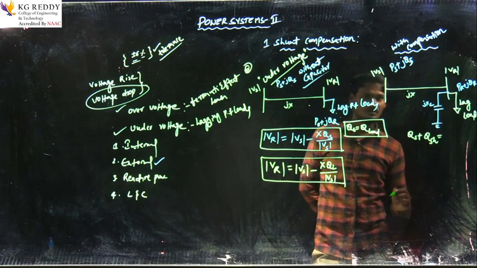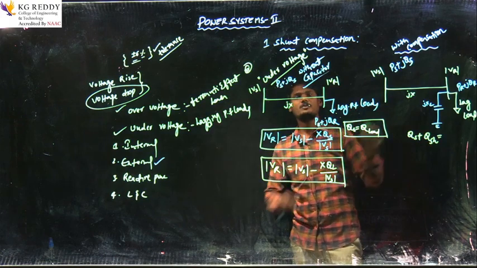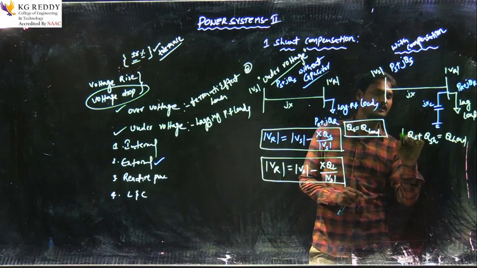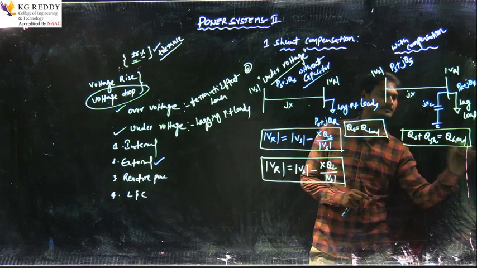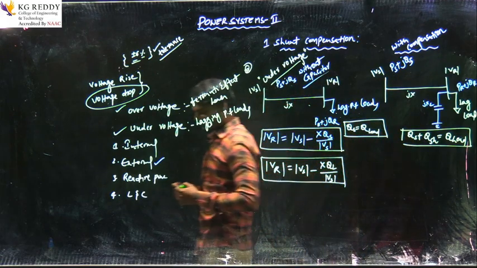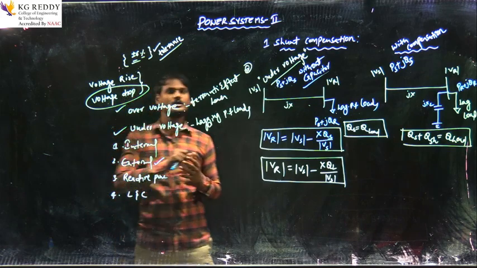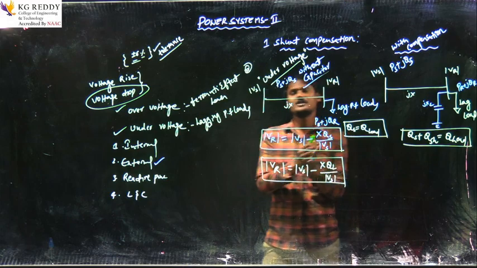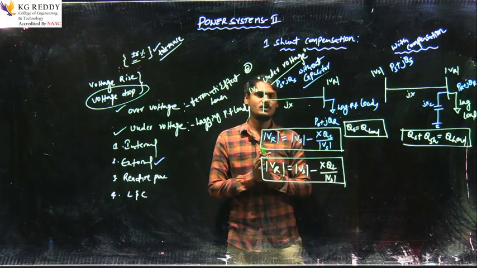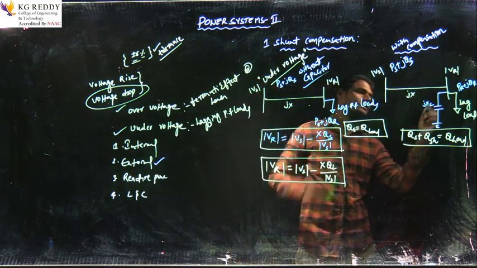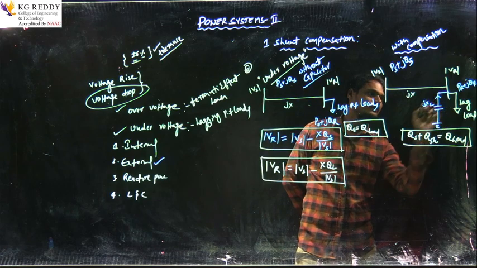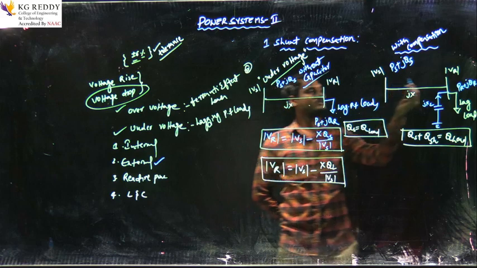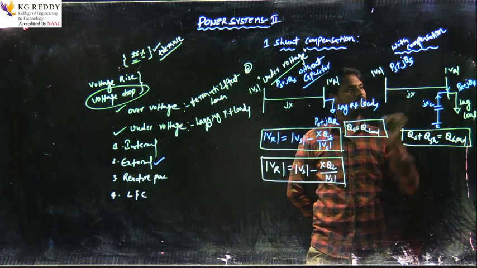If you observe here, the reactive power from the source plus compensation equals the load condition. Why? Because active power cannot be delivered by any capacitor; we need a combination of active power and reactive power, right? The capacitor delivers reactive power to the load, and from the source I am also getting reactive power.